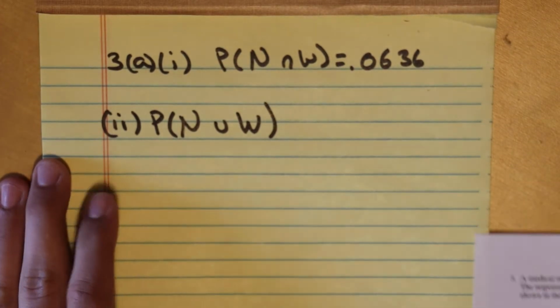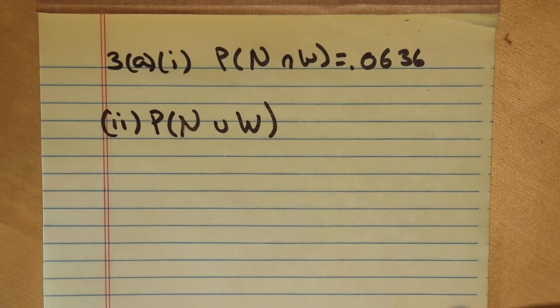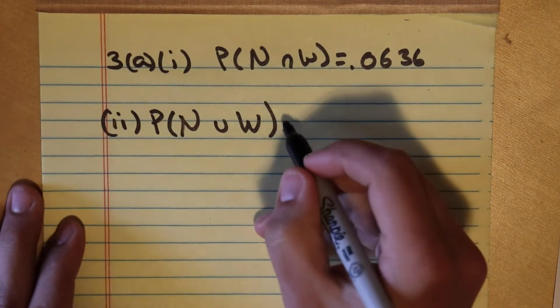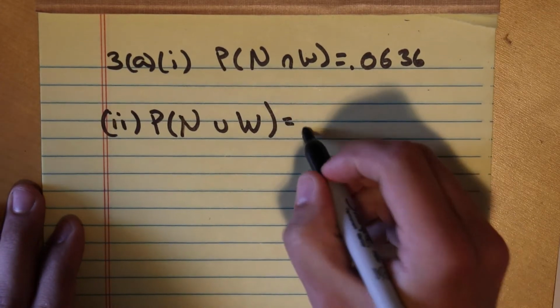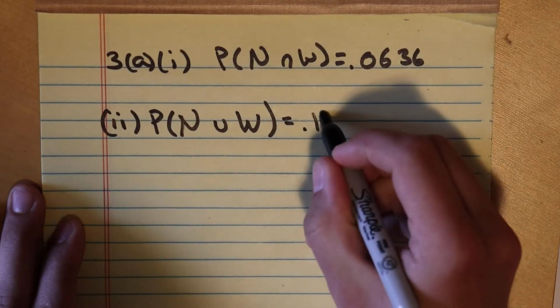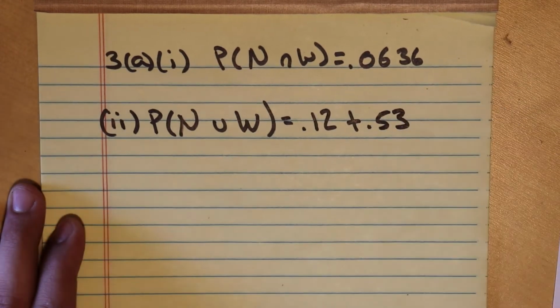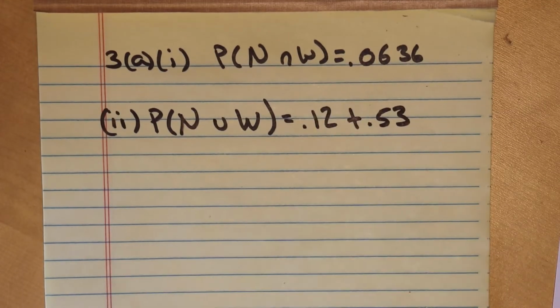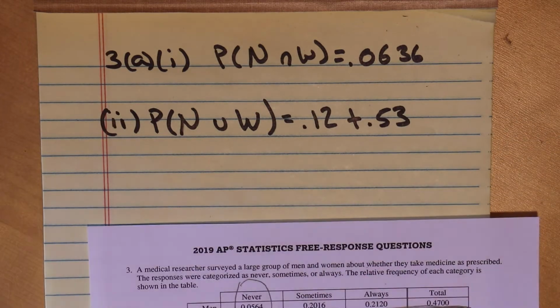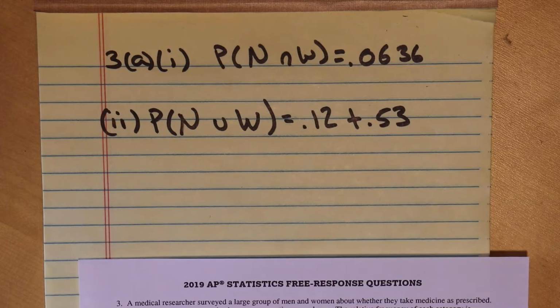This is the union, the or statement. For or statements, we can add them together. So we take the probability of never, 12%, plus the probability of choosing a woman, 53%. However, this is incorrect if you simply add them together. You've seen in other videos that we have added probabilities. If events are mutually exclusive, we can simply add probabilities together.